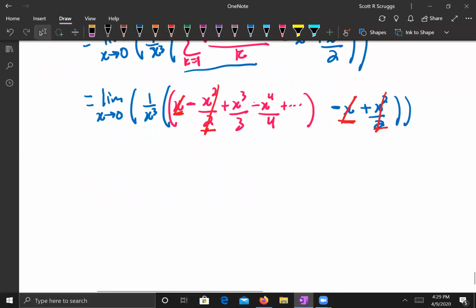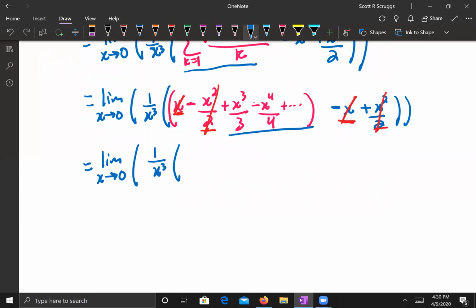So those two are gone, leaving me with the limit as x goes to 0, 1 over x cubed. And then I just have all of this left over now. So x cubed over 3 minus x to the 4th over 4, plus x to the 5th over 5, minus x to the 6th over 6, and so on.